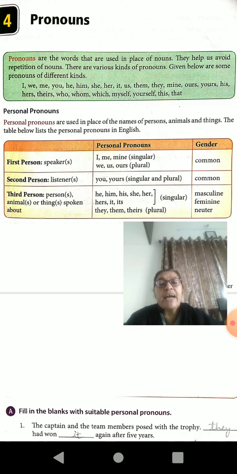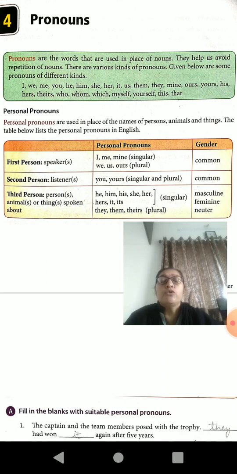There are various kinds of pronouns. Given below are some pronouns of different kinds. We already studied about nouns, types of nouns.